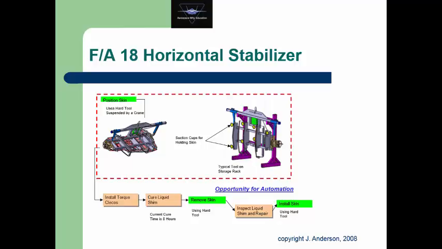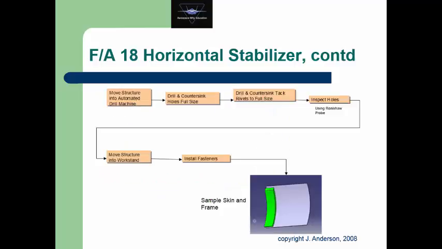So this is the fixture that they use, and the process that they currently use, or used several years ago, to build up the structure that's the horizontal stabilizer. So this is a continuation of that process. You can see it's quite involved.